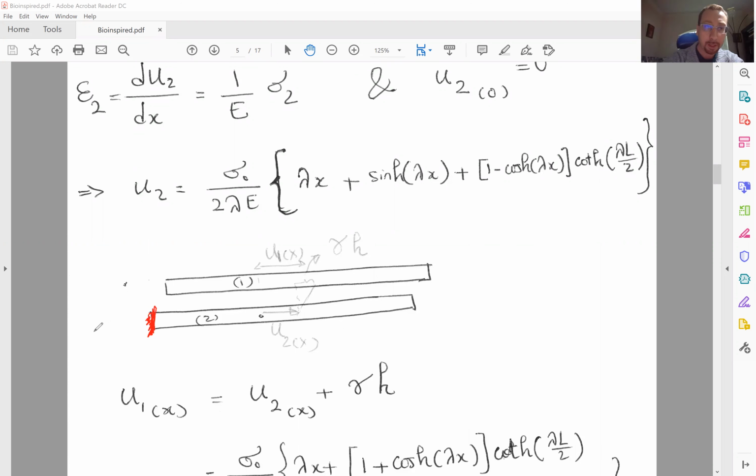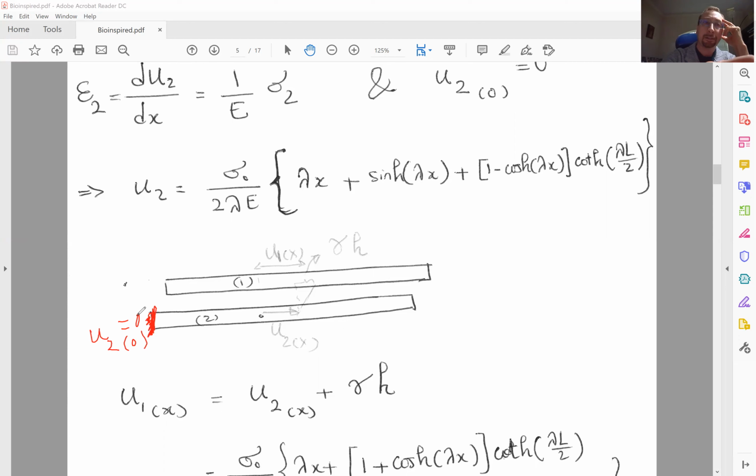So basically, we know U2 of 0 is 0, okay? And that's a very good boundary condition. It's the best boundary condition that one can imagine, because it means the constant of the integration is 0.